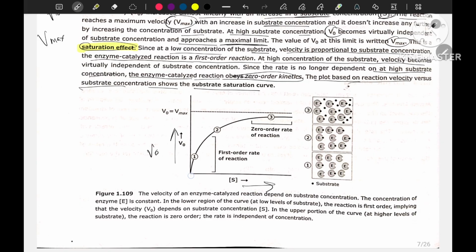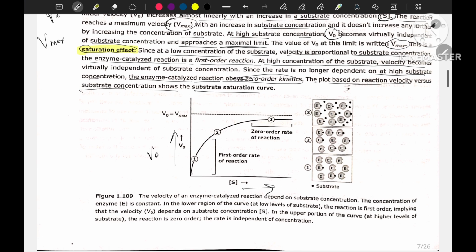So V is linearly increasing as substrate concentration is increased, in the first order region. But after a certain point, no matter how much substrate you add, there is no change in the V value. So we say that we have reached a saturation effect, and here V0 is equal to Vmax.